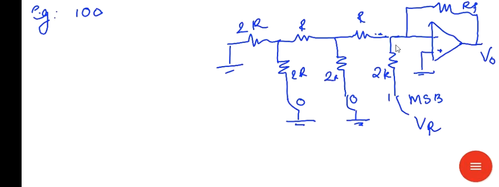First, this 2R and this 2R resistors, this is grounded and this is a common terminal.